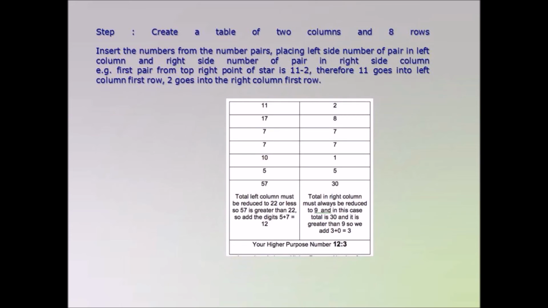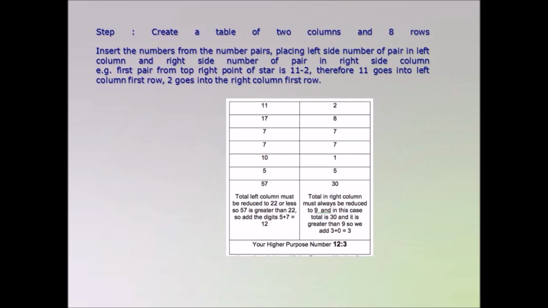When you've done that, you'll be totaling the left-hand column numbers, and you'll be totaling the right-hand. In this example, the left-hand total is 57. 57 is greater than 22, so therefore we must reduce it. And how do we do that? By adding the digits in the number. 5 plus 7 is equal to 12.